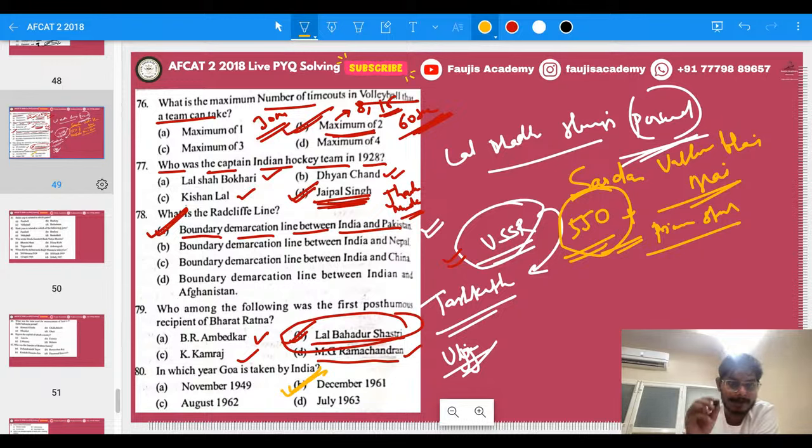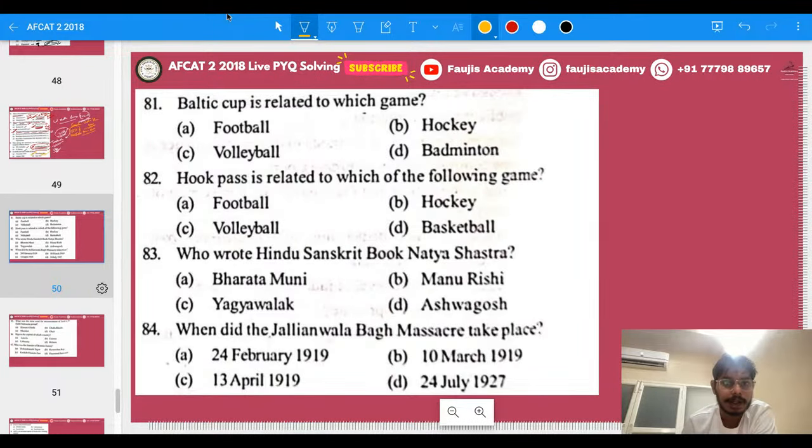There was a clash, and the Nizam of Hyderabad had to be defeated by force. Similarly, the Portuguese had Goa, Daman and Diu, and all that area had to be taken by force in 1961. Operation Polo, yes, that's correct.